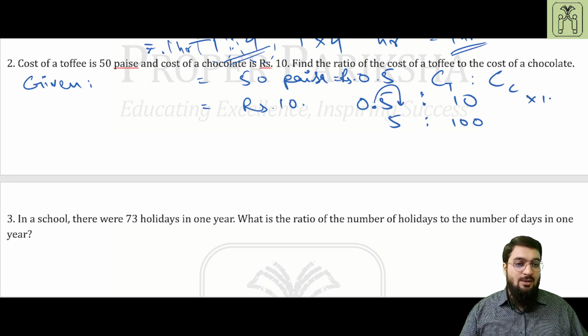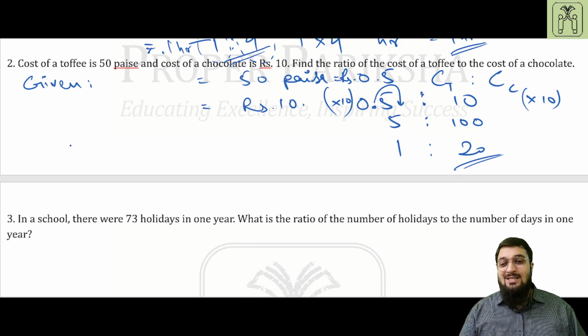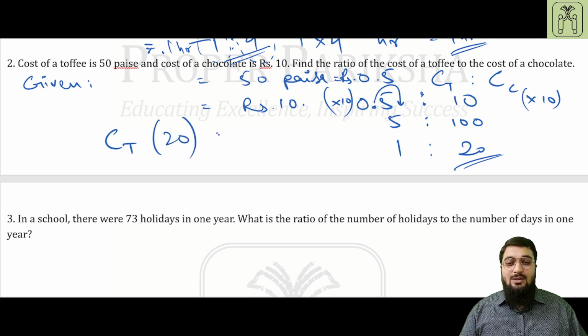I hope you understand that. After that, you will take the HCF and that is 5. So this will become 1 is to 20 and that will be the answer. That is, the cost of chocolate is 20 times the cost of toffee, or you can write cost of toffee into 20 is equal to cost of chocolate.